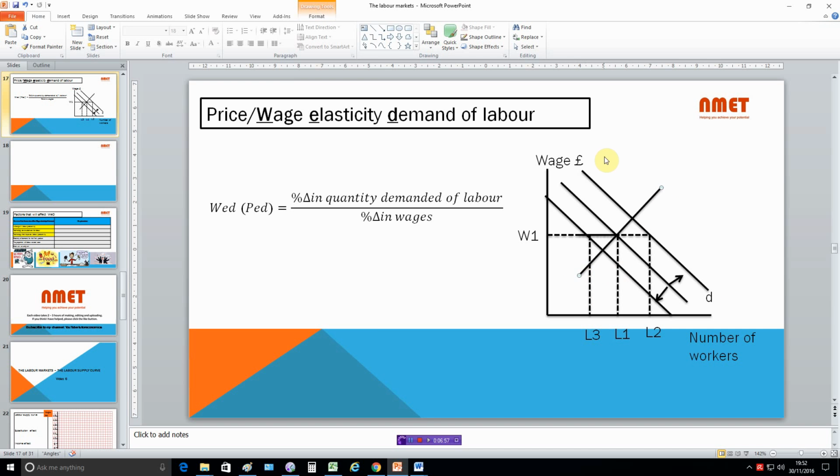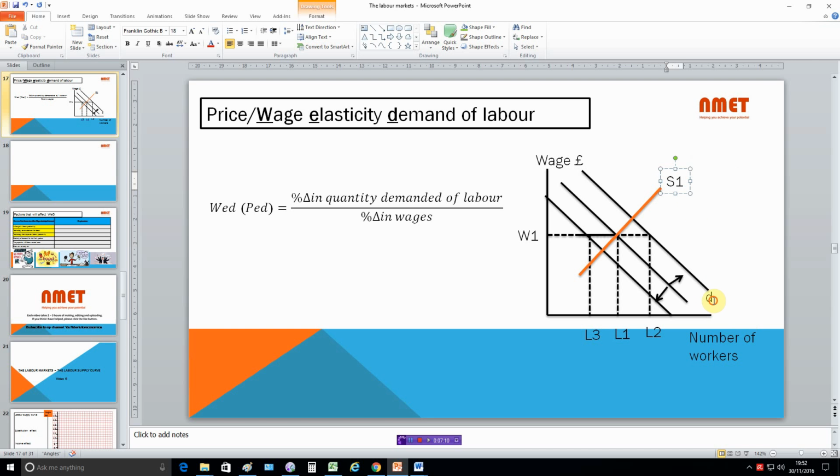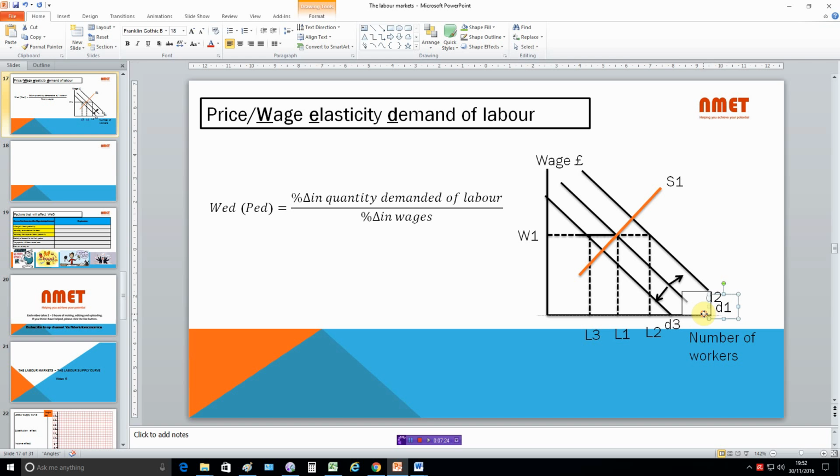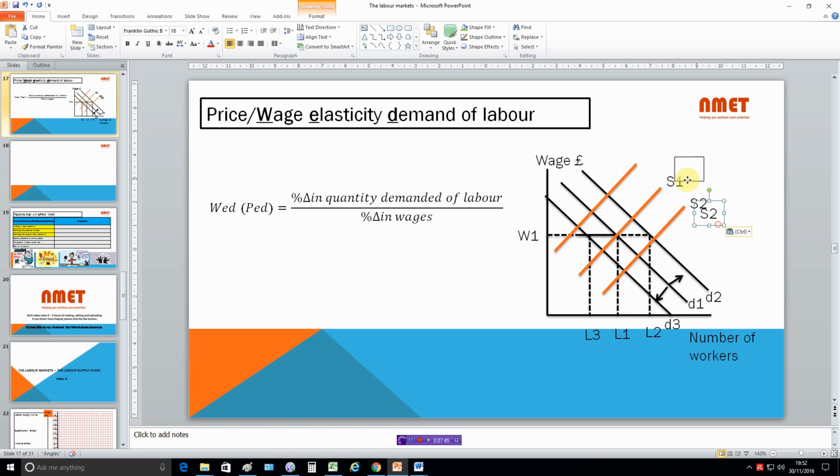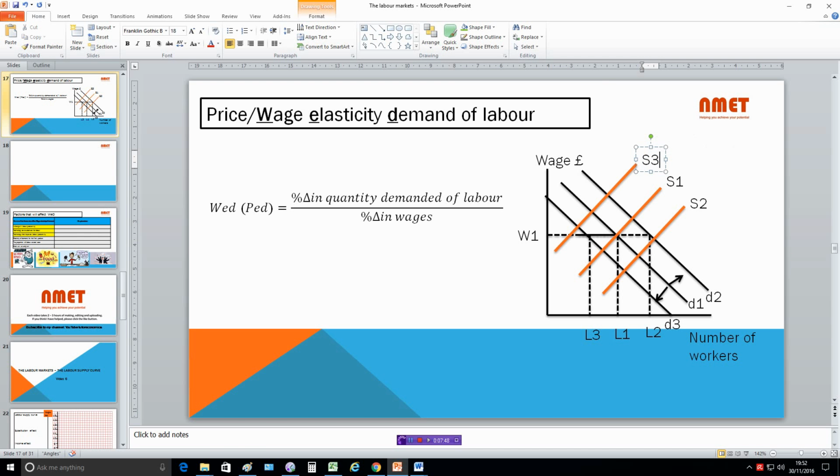The supply curve can actually move up and down, which will then have an impact on the wage elasticity.